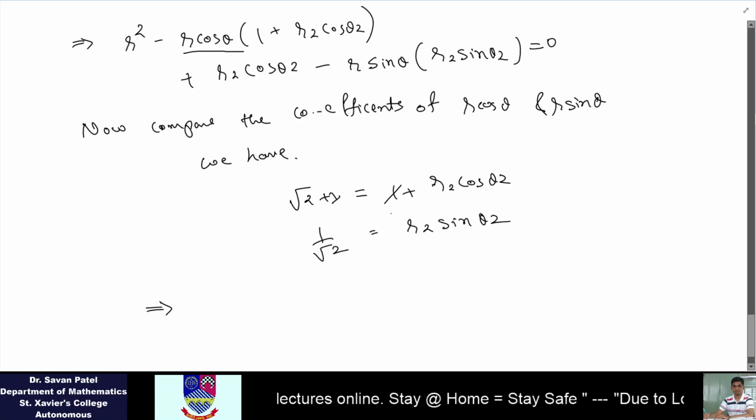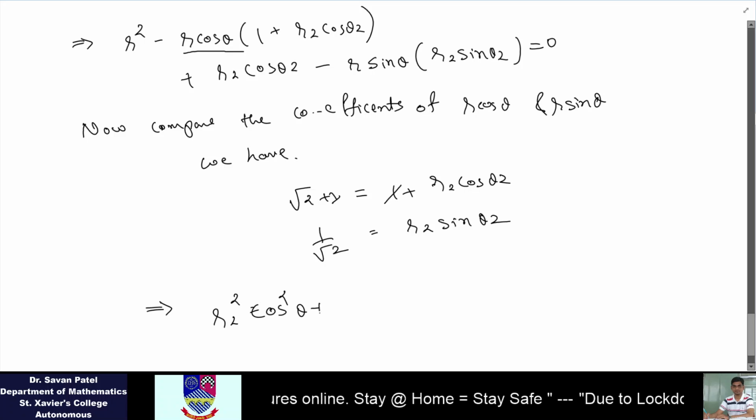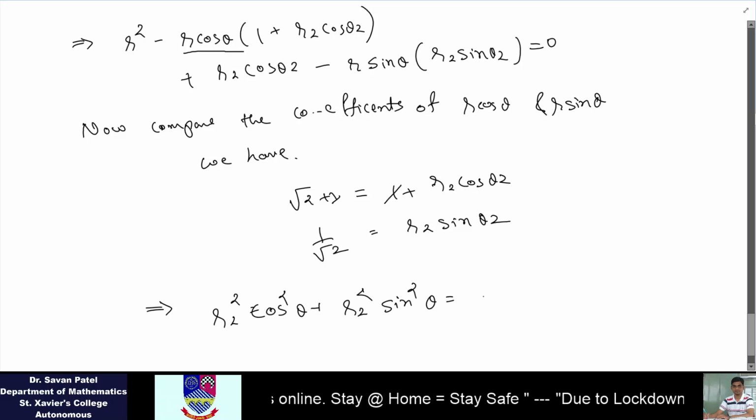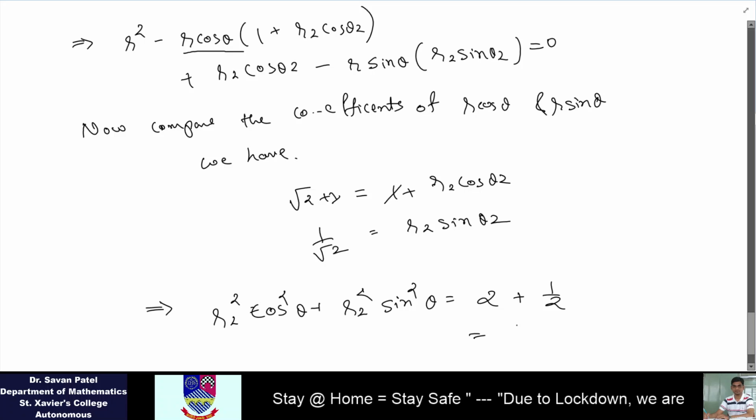If I want to find out r2, then r2 square cos square theta plus r2 square sin square theta is root 2 square, that is 2, plus 1 by root 2 square, that is 1 by 2. That is 2 plus 1 by 2, which is 4 plus 1, 5 by 2.